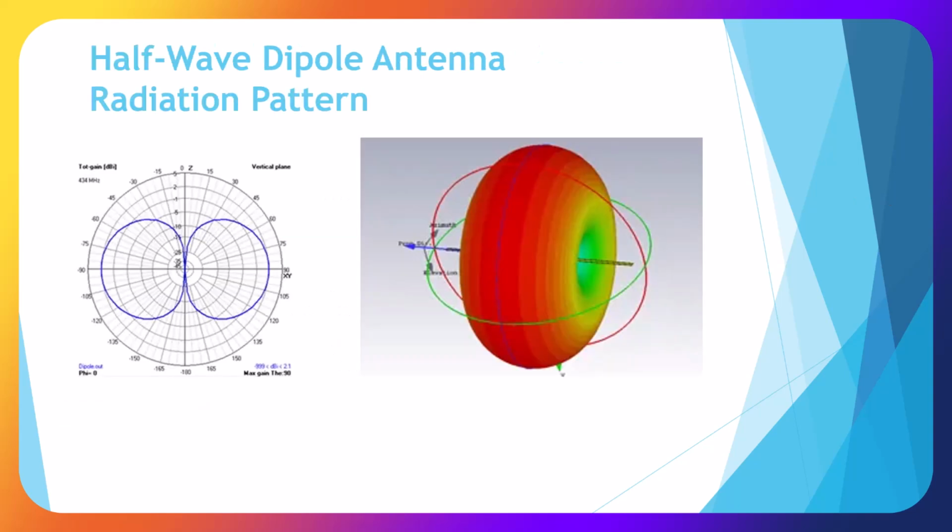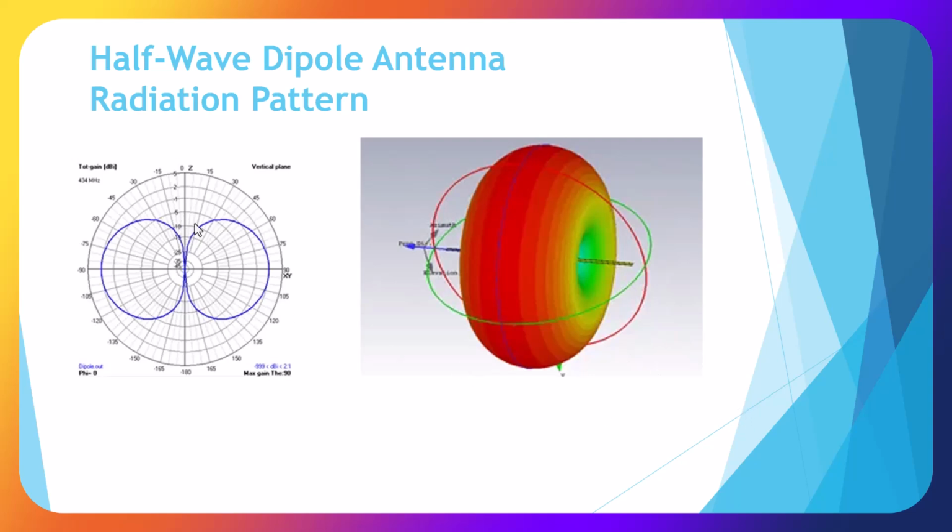Here I'm showing the radiation pattern for a half-wave dipole antenna. Here we have a two-dimensional diagram, and we show the radiation pattern. Our antenna goes through the center, and that's a half view in 2D. Here's a three-dimensional view with our antenna going through this center, so it's kind of a tire shape, and that is the radiation pattern.